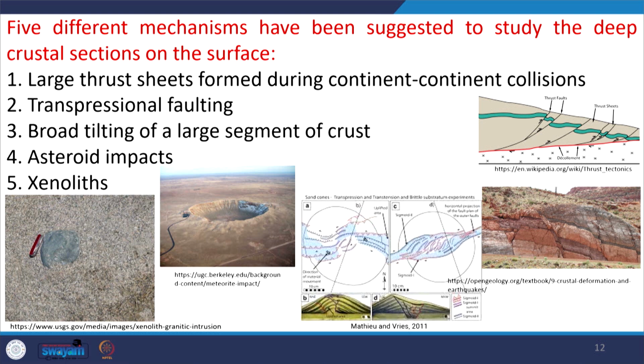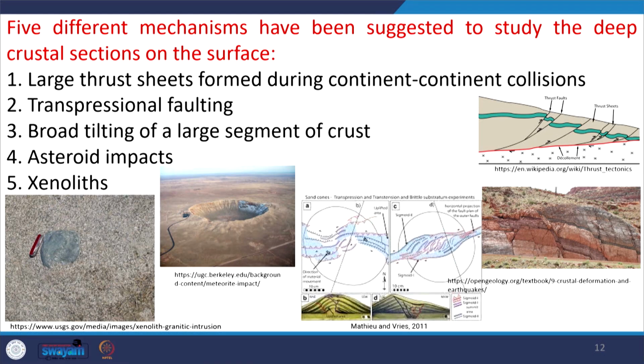But here, just for your information, once two continents are colliding, like the India and Eurasian system, large thrust sheets like the MFT, MBT, MCT, all those thrust sheets, are bringing higher-depth rocks to the surface or near surface.